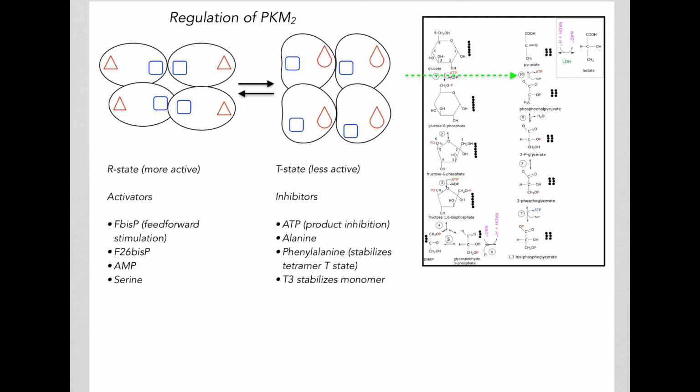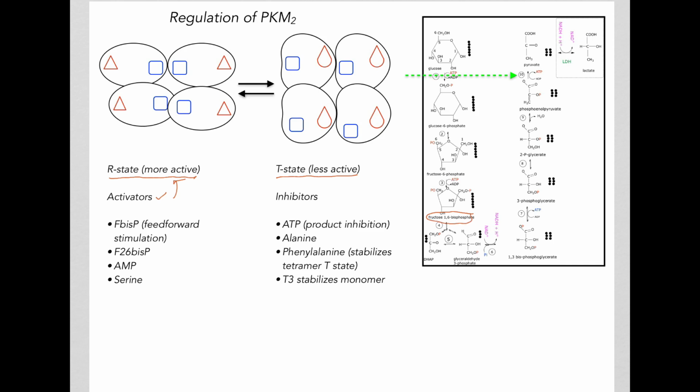As mentioned before, this is an allosteric enzyme, so it can exist in its more active R state, as well as the less active T state. Activators will stabilize the R state, and these activators include fructose 1,6-bisphosphate.